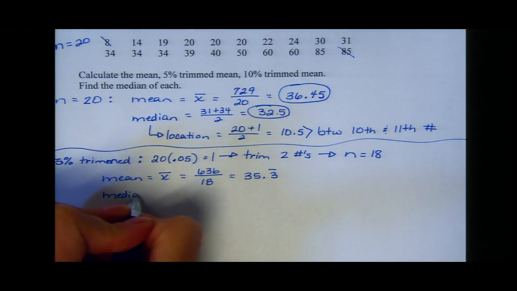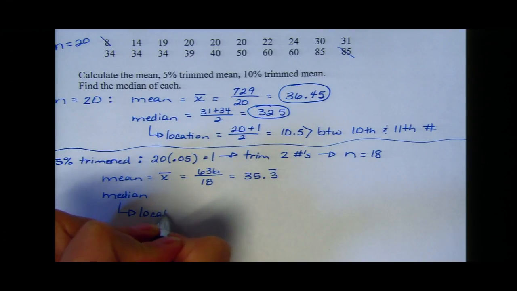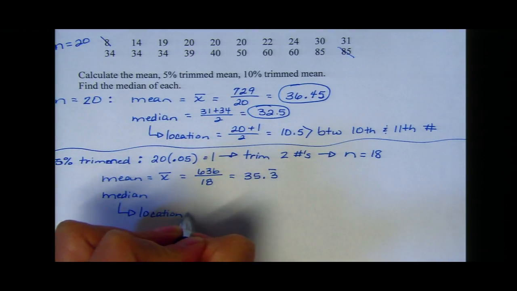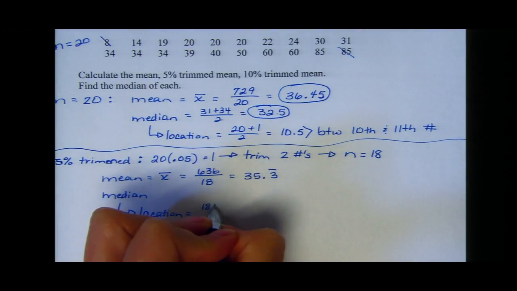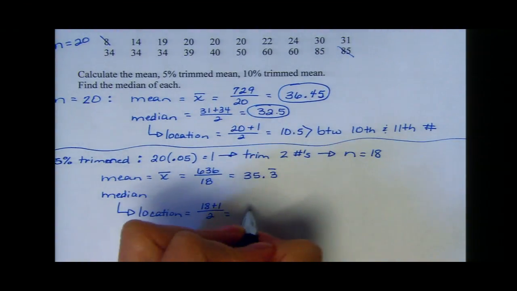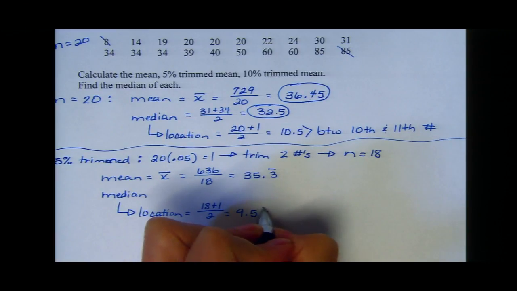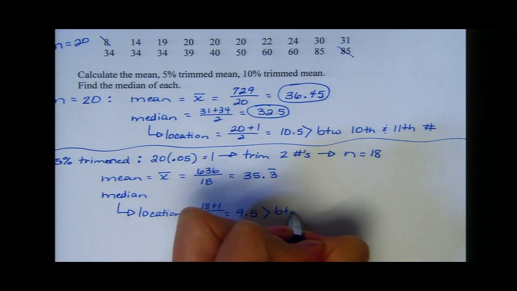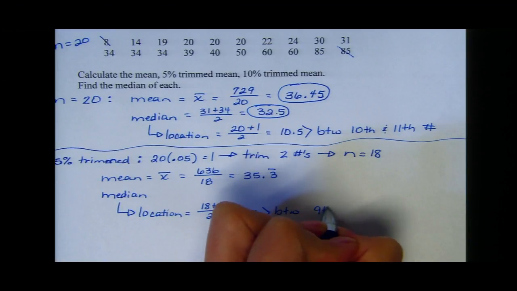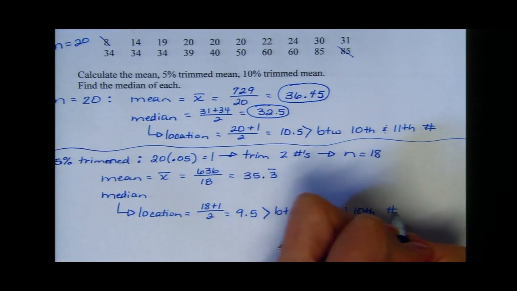And the median then, to find the location of the median, we now have 18 plus 1 divided by 2, and that is going to be 9.5, which tells me that it's between the 9th and 10th number.